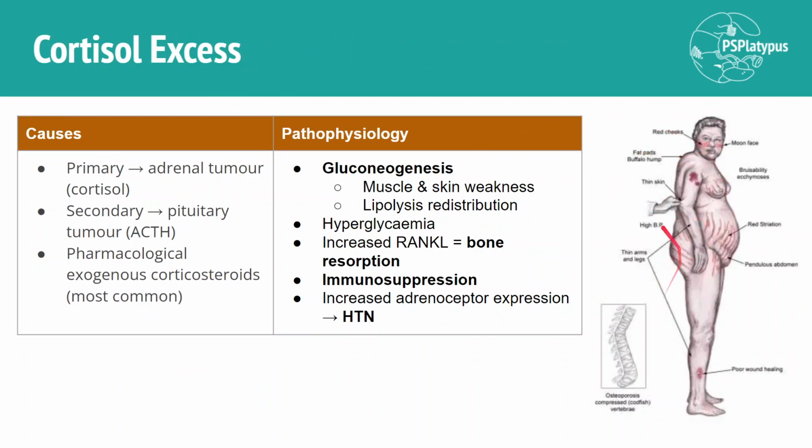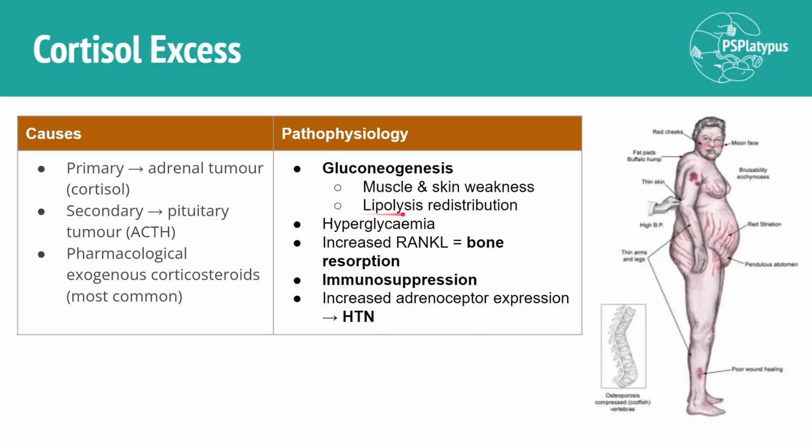The cause of all this stuff is obviously the function of cortisol in overdrive. Gluconeogenesis causes catabolism of other stuff in your body, which broadly leads to muscle weakness and skin weakness, causing easy bruising.